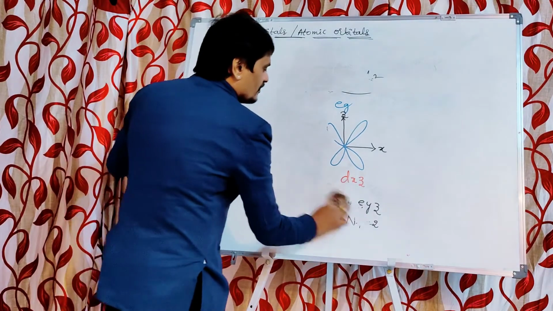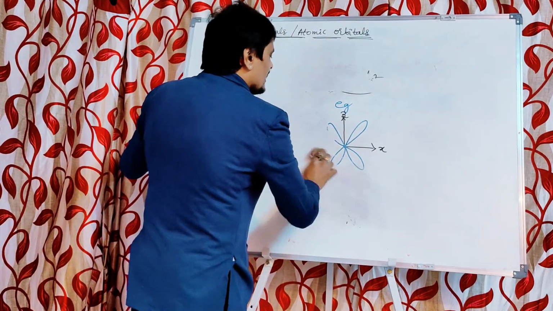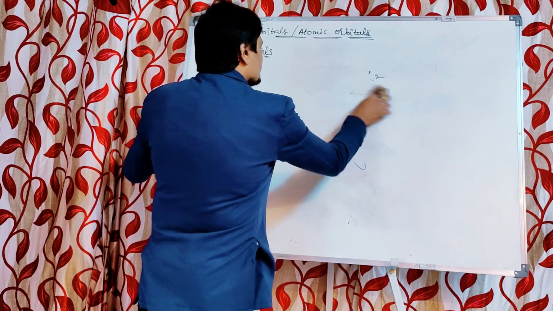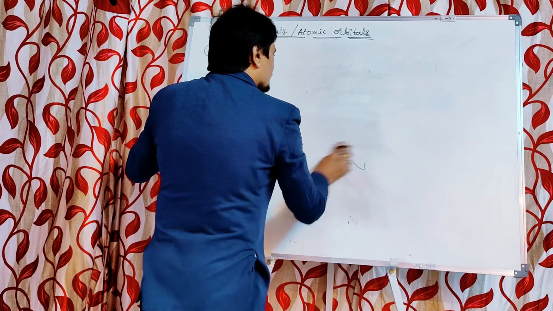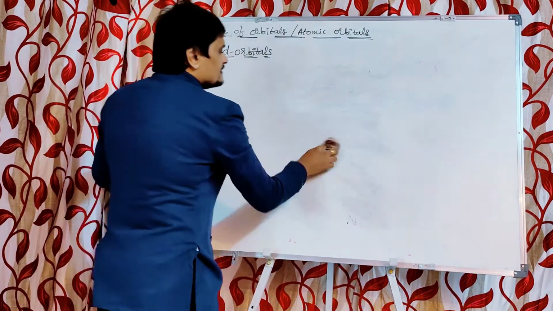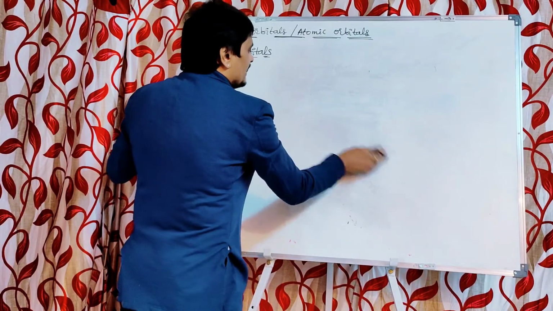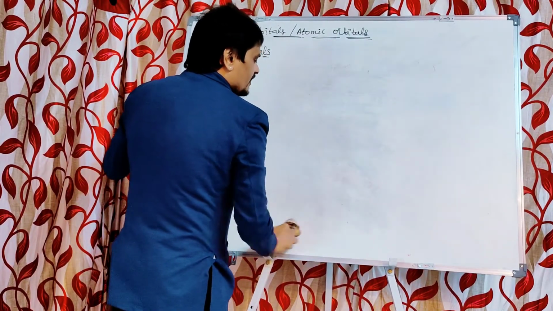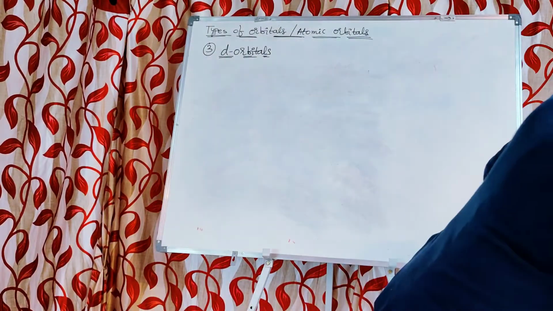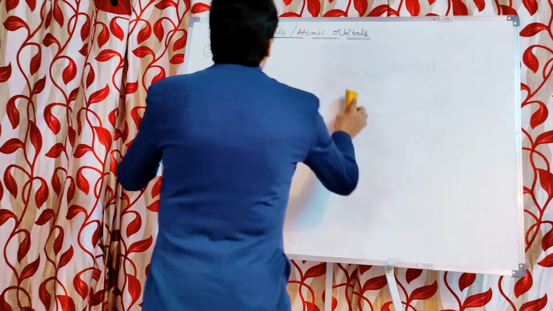In the case of dxy, in between the x and y axis. In the case of dyz, in between the y and z axis. In the case of dxz, in between the x and z axis. And the number of nodal planes in all the three t2g set of d orbitals is one and the same, that is 2.